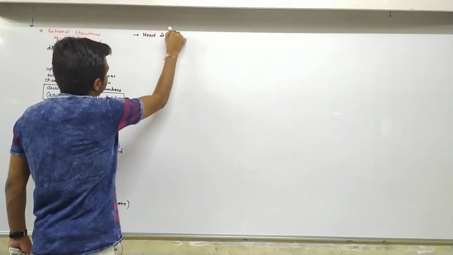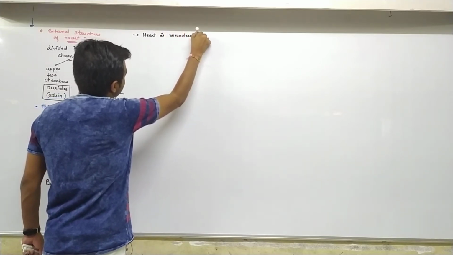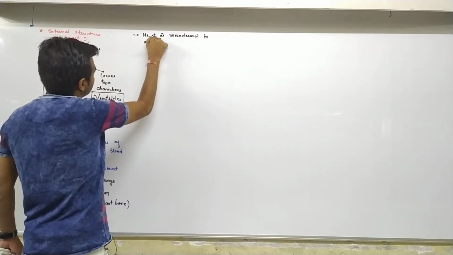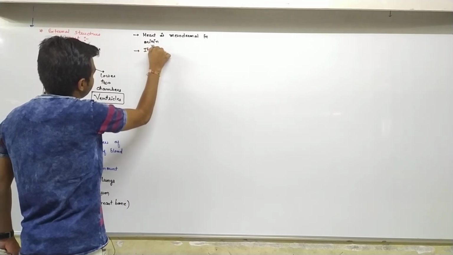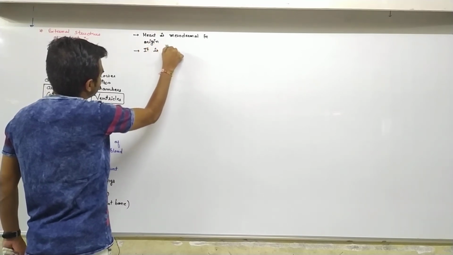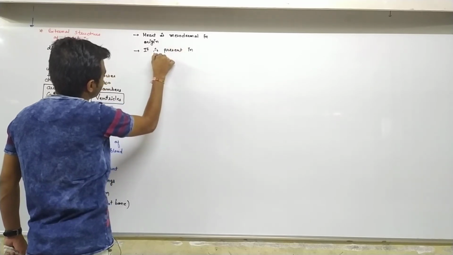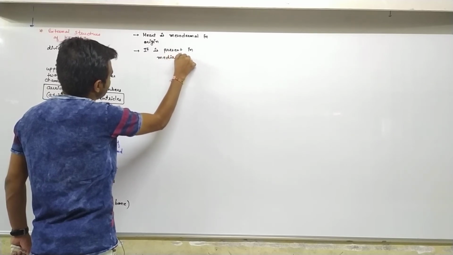Heart is mesodermal in origin. It is present in the mediastinum.